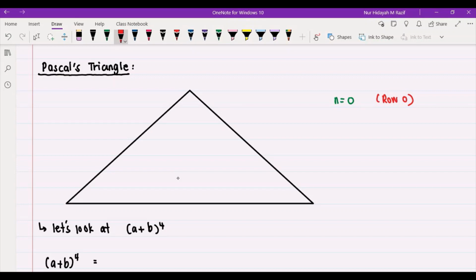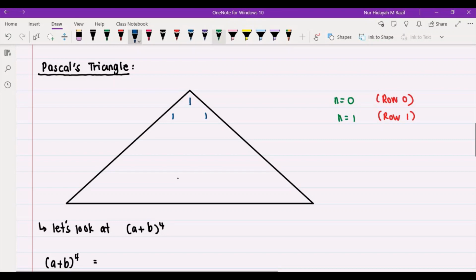When n is equal to 0, we know that we are going to have only 1. Do you remember? A plus b power of 0 is only 1. Now for the next one, n is equal to 1, and we call this row 1. So when a plus b is raised to the power of 1, we also know that our coefficient is 1 and 1.